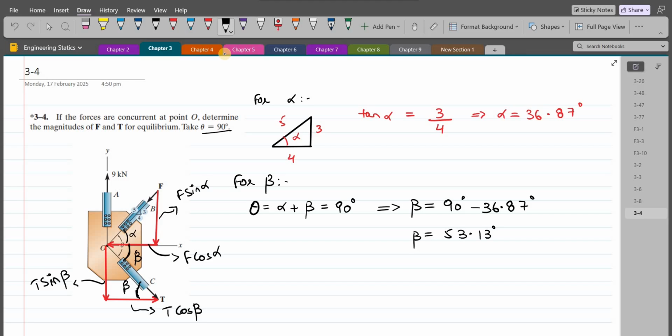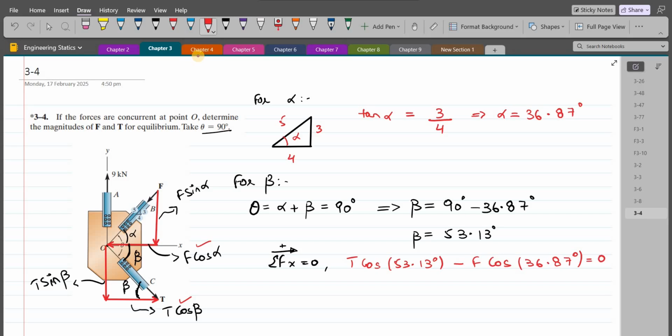So my first equation is summation of forces in x direction equals 0. I am considering right hand side as positive. So we have T cos beta, and beta is 53.13 degrees, minus F cos alpha, and alpha is 36.87 degrees, equals 0.